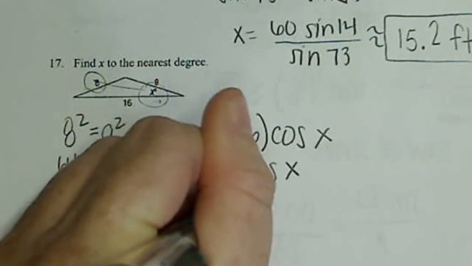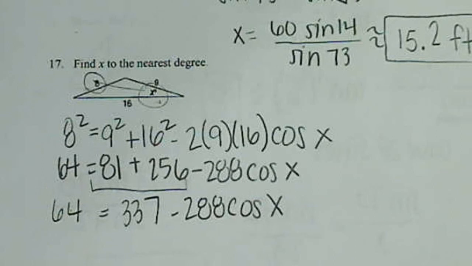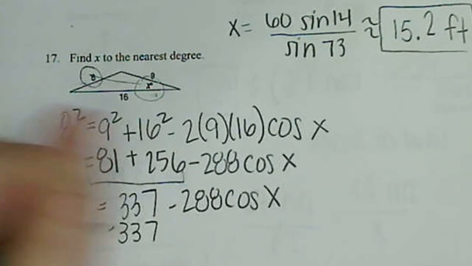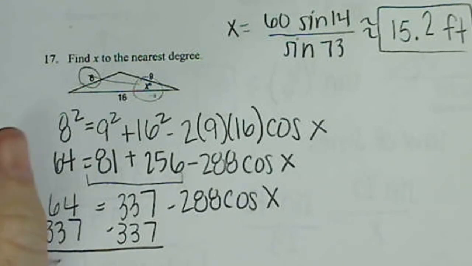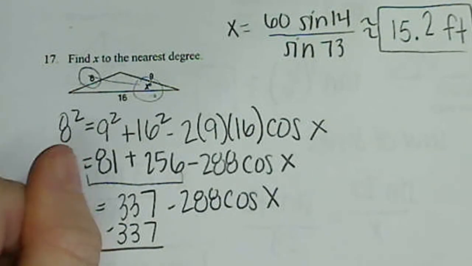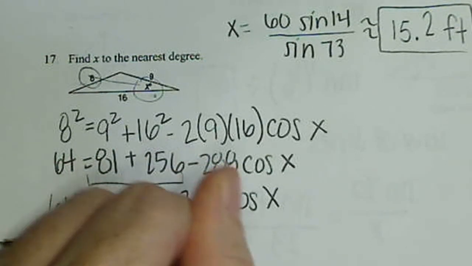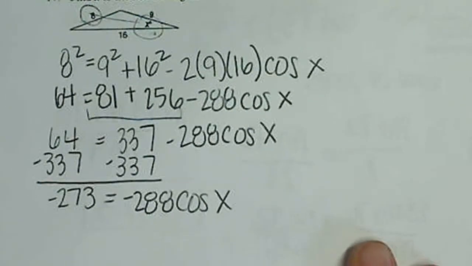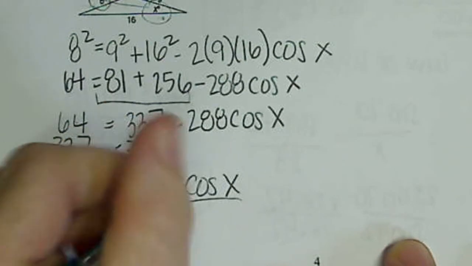Remember, you cannot subtract it by 288 because it goes with the cosine. Let's subtract 337. And we get negative 273 equals negative 288 times the cosine of x. It would help if you could see it, huh? Sorry. Divide by negative 288.